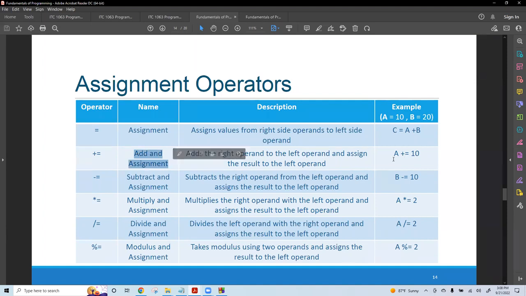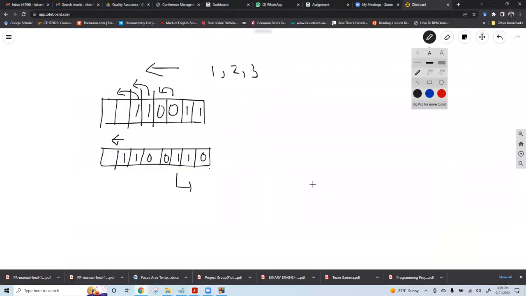If we say a plus equal 10, this means add 10 to a and assign it back to a. So a is assigned a plus 10.